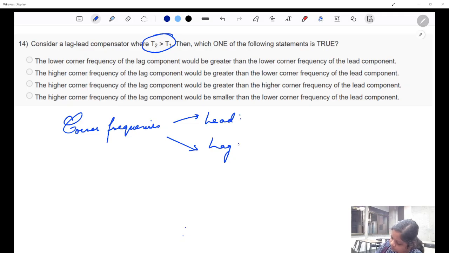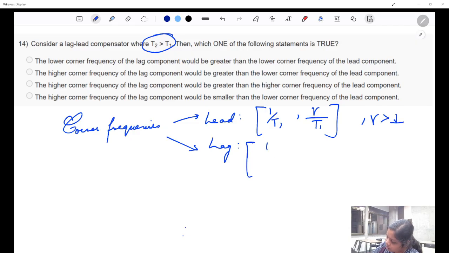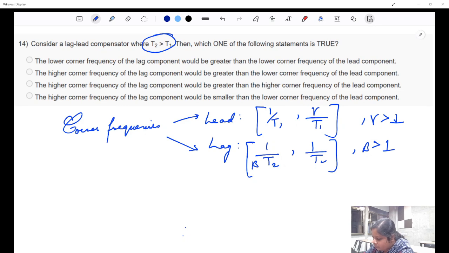For the lead it is 1 upon T1 and gamma upon T1, where gamma is greater than 1. For the lag it is 1 upon beta T2 and 1 upon T2, where beta is also greater than 1. Let's check the first statement.